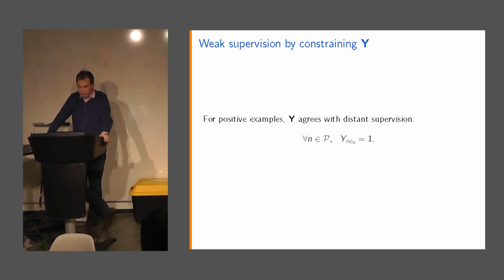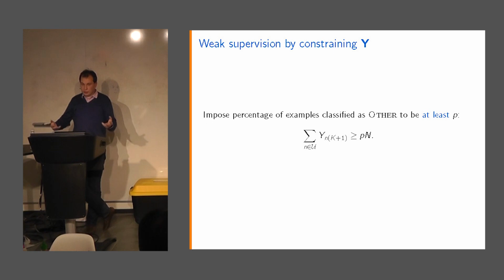So y_{n,c_n} should be equal to 1. And finally, since we don't want all the examples to be classified as one of our potential classes, we'll impose that at least a certain percentage of the examples be classified as other. So again, we'll have a parameter p in that case, saying, okay, I want, I don't know, maybe 50% of my potential named entities to be classified as other.